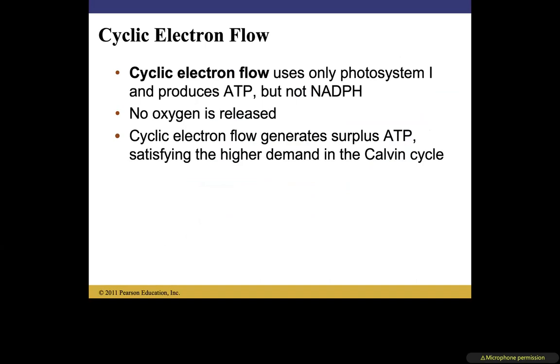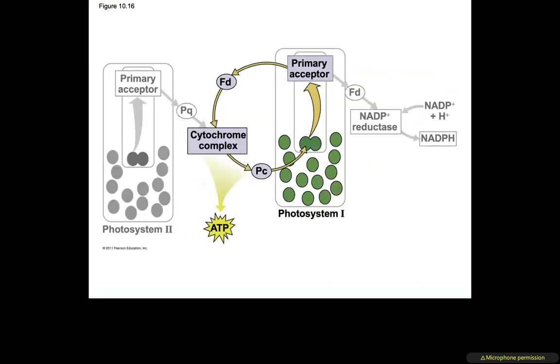At the same time that there's a linear process, there's also a cyclic process where some electrons will just go back to the big participating electron transport chain, round and round and round, in order to make high amounts of ATP. They do that because you need a lot more ATP than you do NADPH.